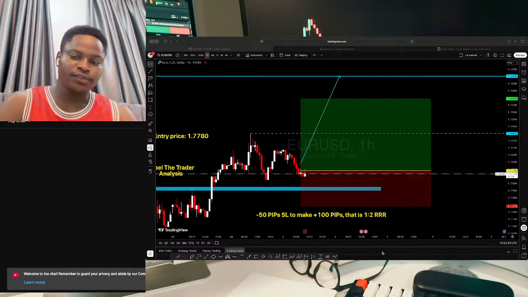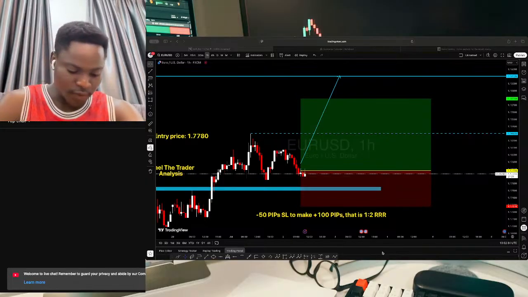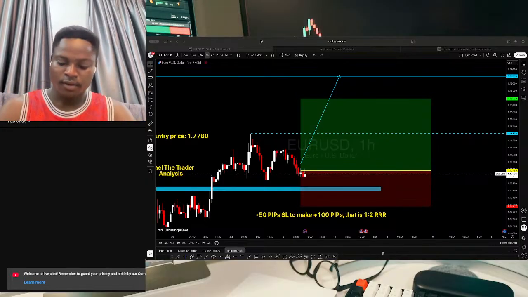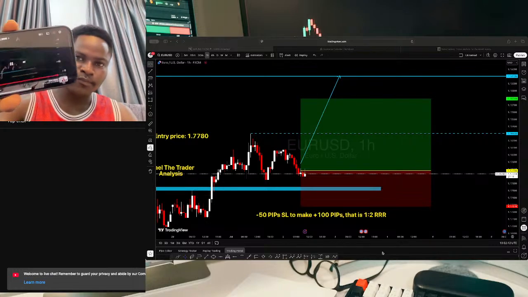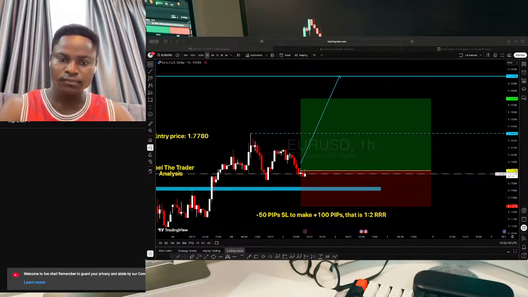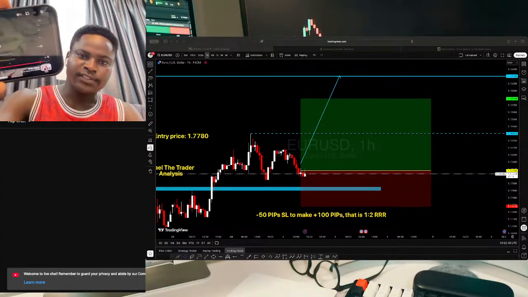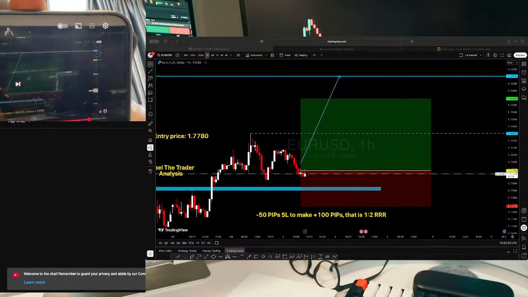Guys, just to let you know, if you are watching this on your phone, let me show you all how you can actually get a good quality. Just click on these settings. You'll see where it says settings.